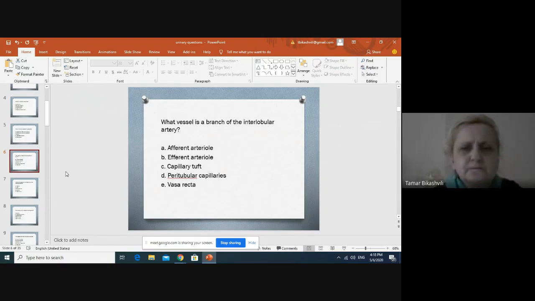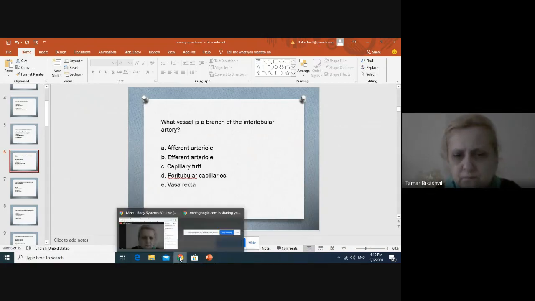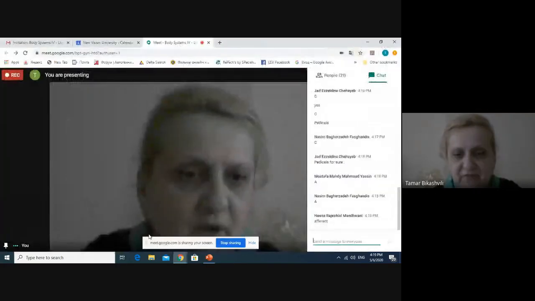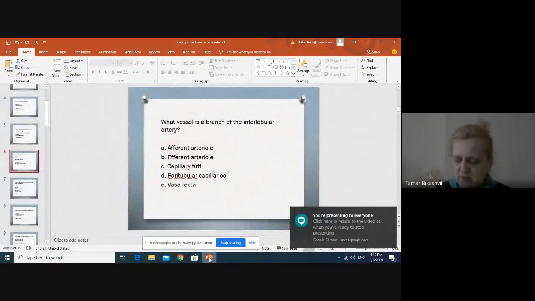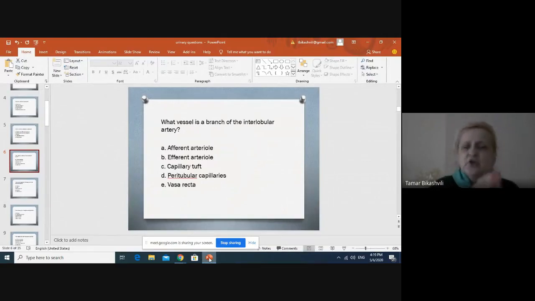Afferent, yes. So interlobar arteries are between lobes, then arcuate arteries, then interlobular arteries into the cortex. Afferent arterioles, yes.